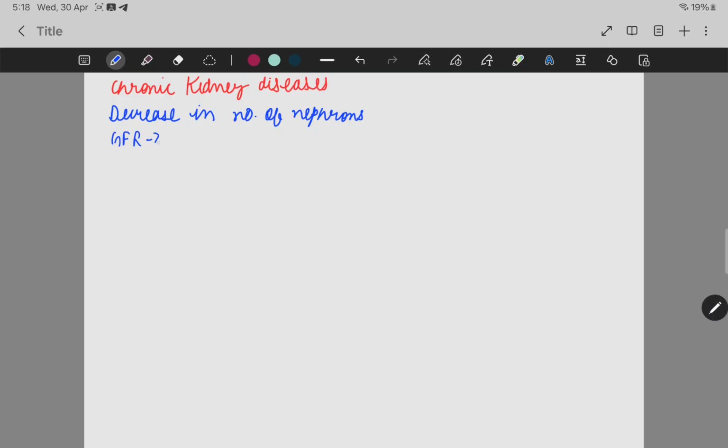GFR, we know, is glomerular filtration rate.